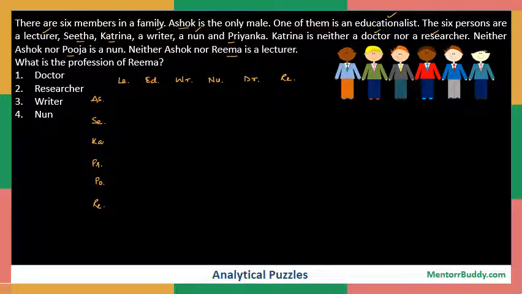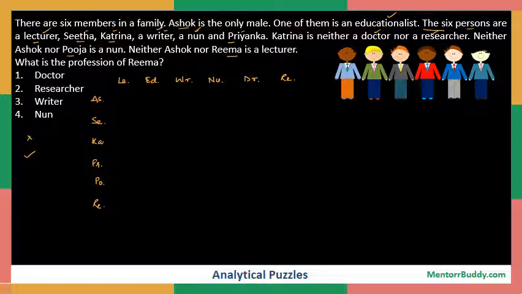Now based on the information, we are just going to put a cross and a tick. So let us read the statement given in the question. The 6 persons are a lecturer, Sita, Katrina, writer, nun, and Priyanka. Now see, these names along with the professions are given separated by commas.